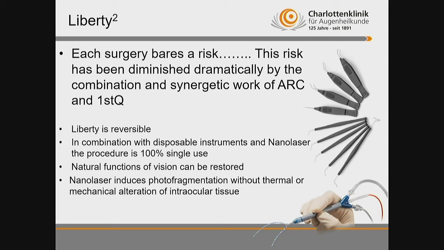It is reversible. In combination, let's say, with disposable instruments and the nanolaser, the whole procedure is 100% single-use cataract surgery. The natural functions of vision in nearly any distance can be restored. So it is a platform to have more satisfied multifocal patients, I think.